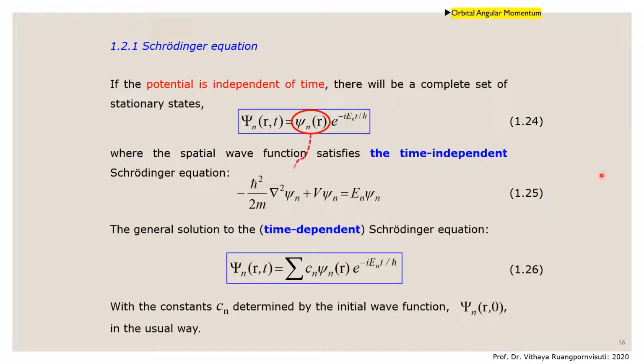Therefore, equation 1.24 can be written in a new form using the time-independent wave function psi n. The general solution of the time-dependent Schrödinger equation can also be written as equation 1.26.